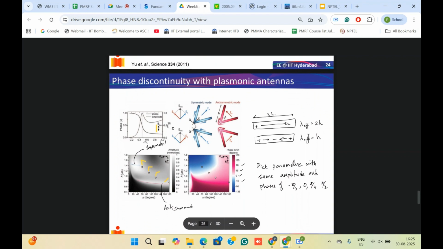In the symmetric mode, the electric field is along the rods, that is the lambda effective will be equal to 2h, and it's positive and negative. In case of the anti-symmetric mode, the electric field is along the perpendicular direction from one node to the other node, and the lambda effective is equal to h only.